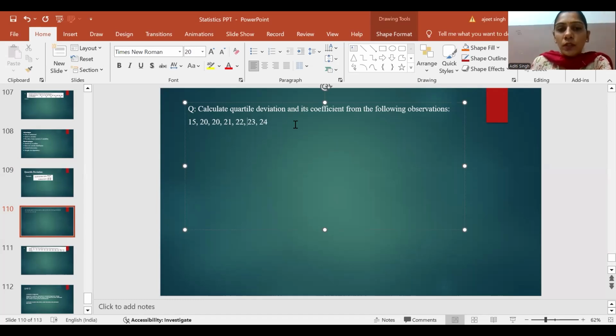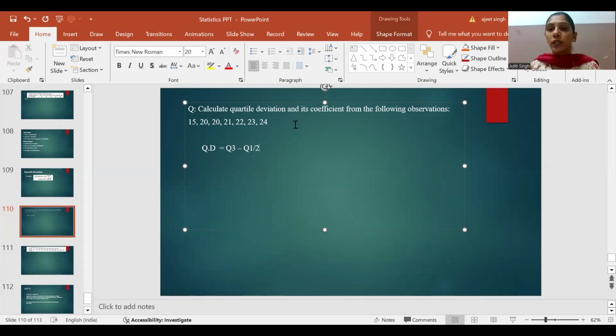So we have to put this in the formula. The formula for calculating quartile deviation is Q3 minus Q1 divided by 2.